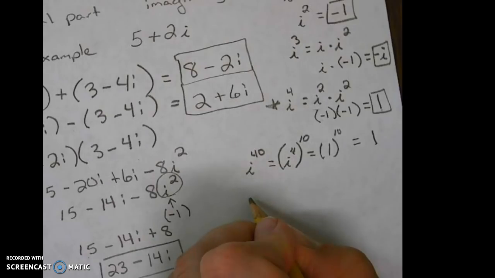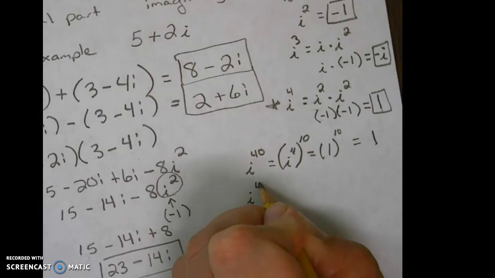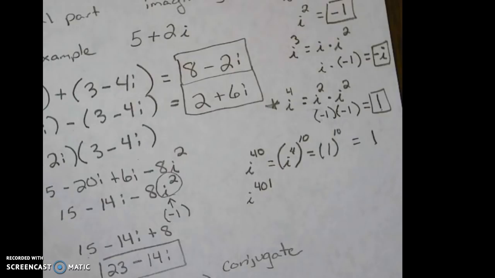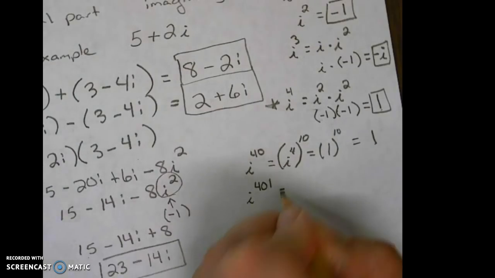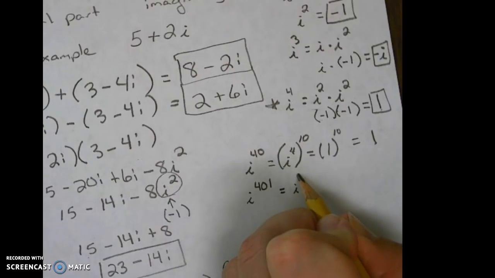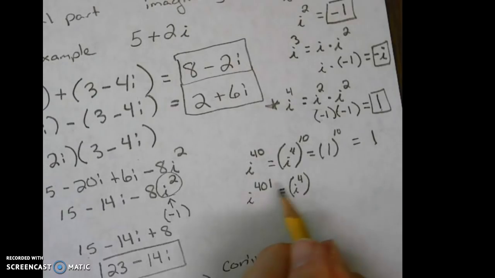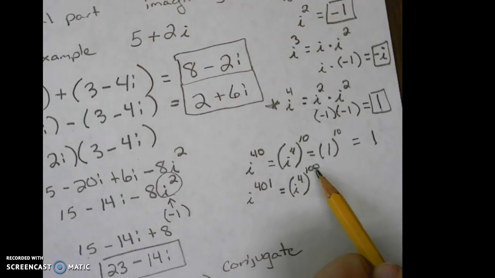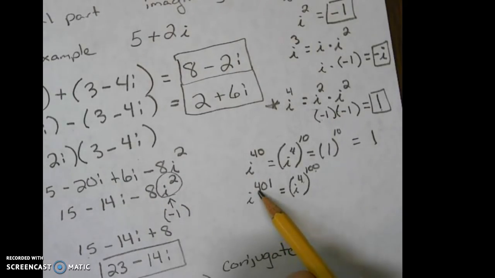Let's try another one. I to the 401 power. So I like to use I to the 4th because I know that's equal to 1. So 4 goes into 401 100 times. 4 times 100 is 400.